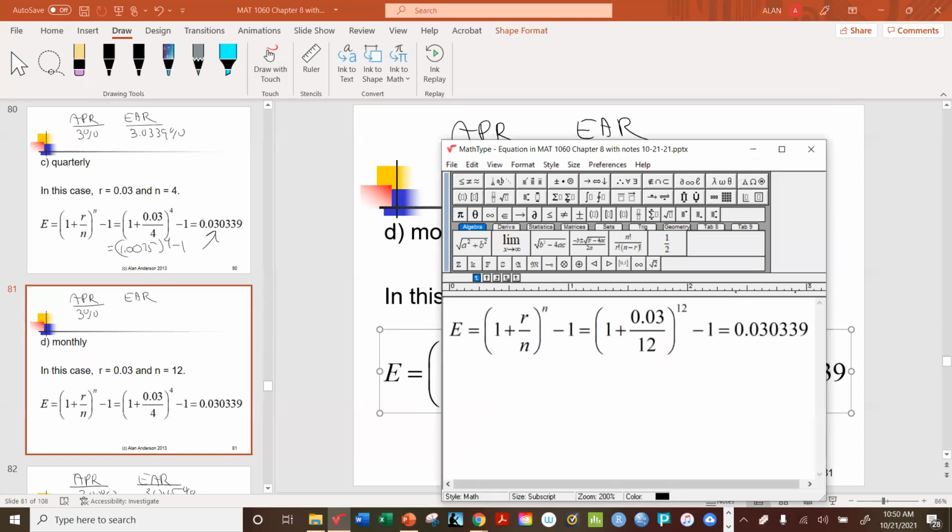All right, and so let's see what that turns out to be. 0.03, 04, 16, let's say.